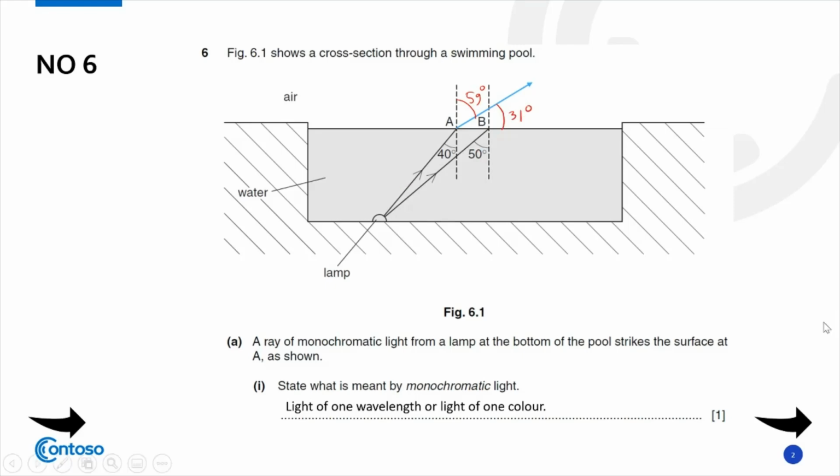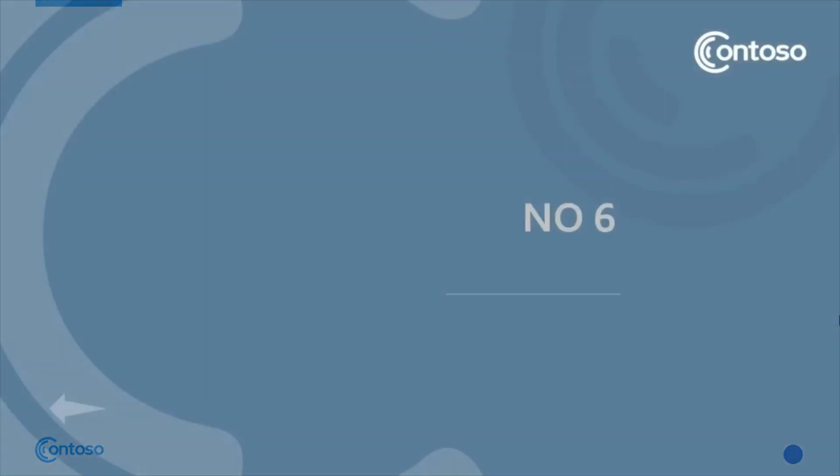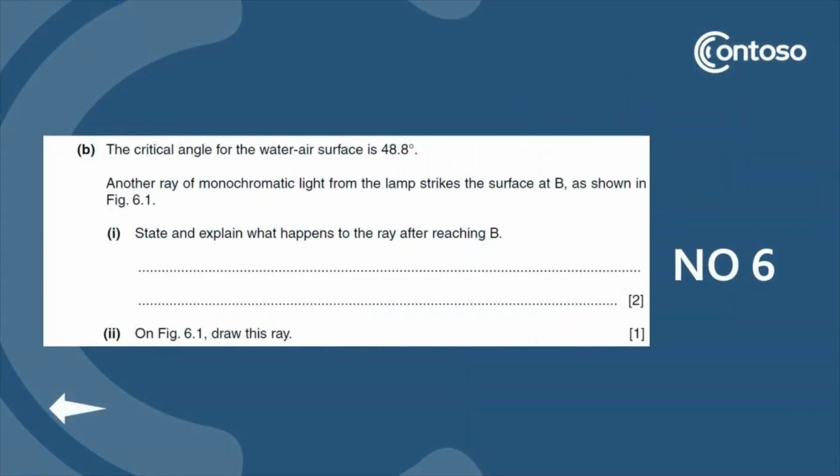Question 6b. The critical angle for the water-air surface is 48.8 degrees. Another ray of monochromatic light from the lamp strikes the surface at B as shown in figure 6.1. 6b I, state and explain what happens to the ray after reaching B. To know what happens to the ray after reaching B, we have to go back to figure 6.1.